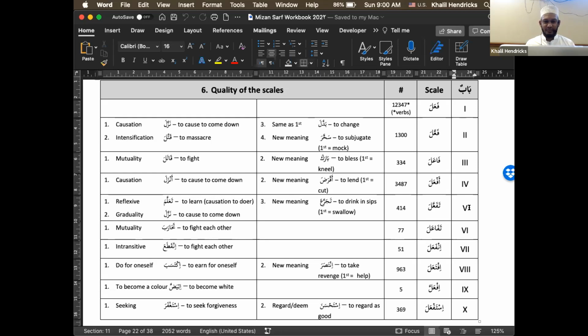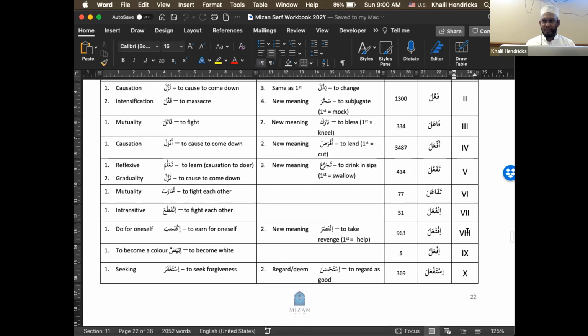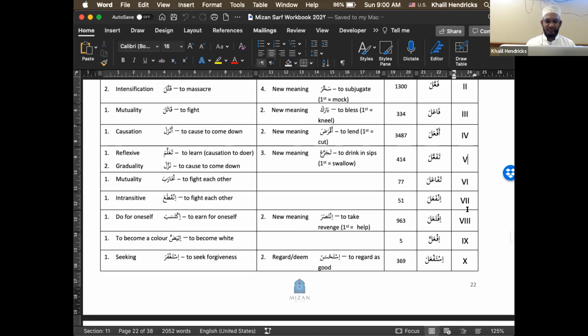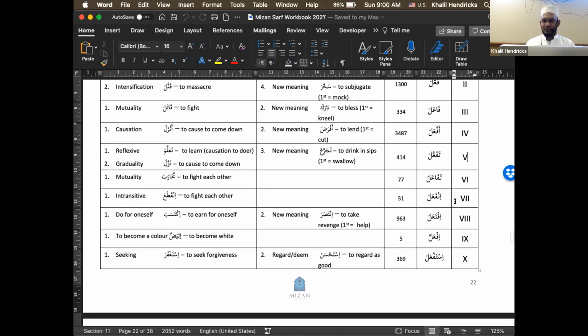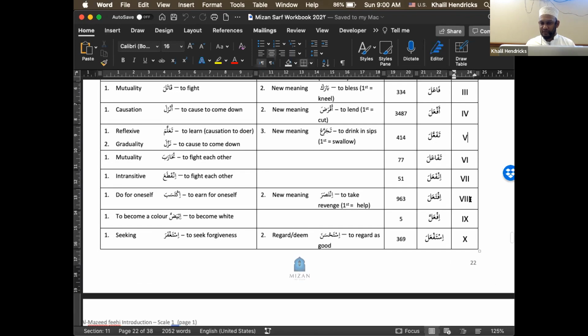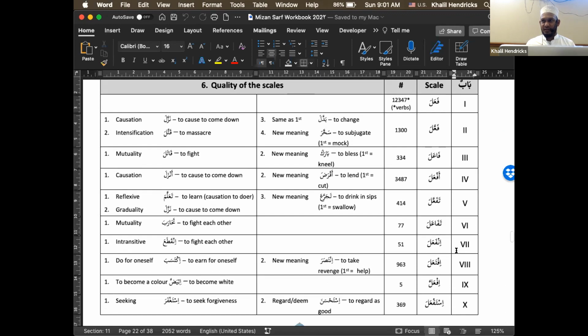V is 5, and VI you add the 1, so 6. VII is 7, VIII is 8. And X is 10, so IX is 9, and X is 10. So there are 10 abwab.